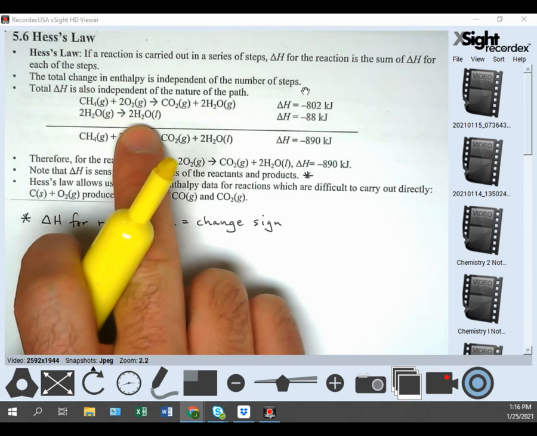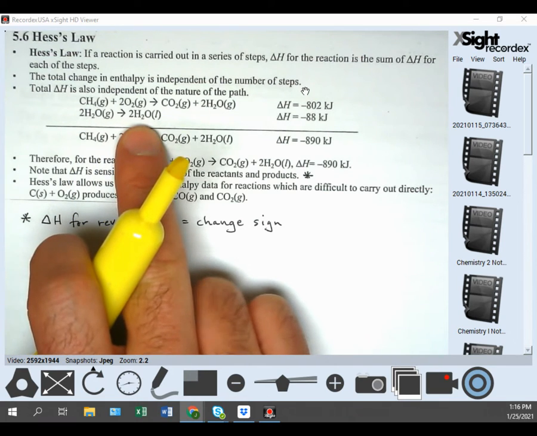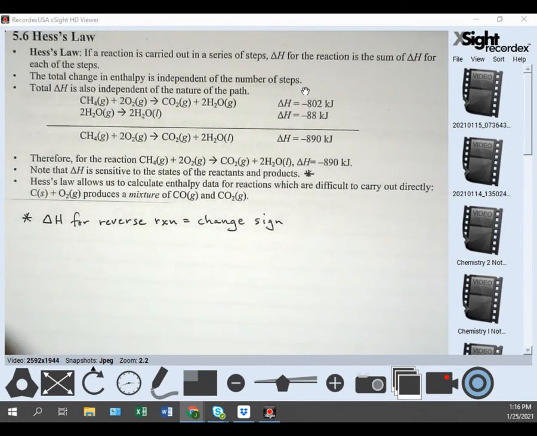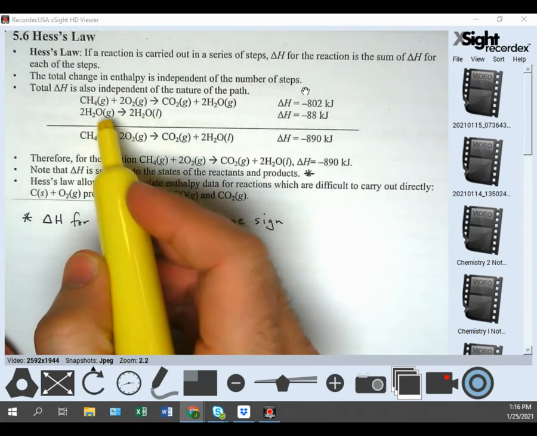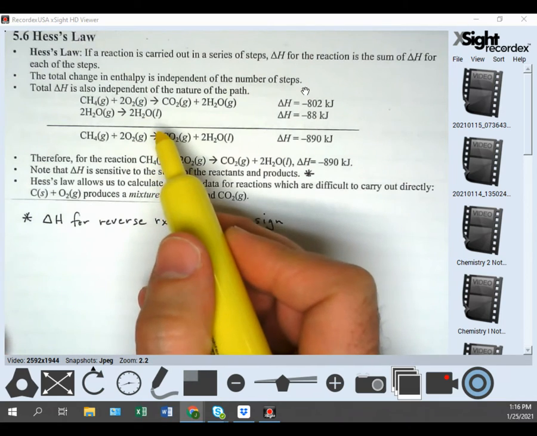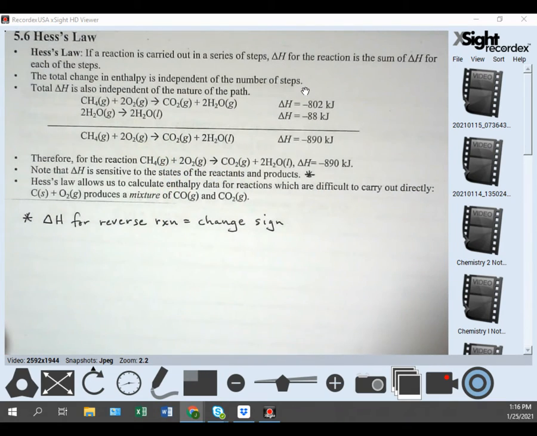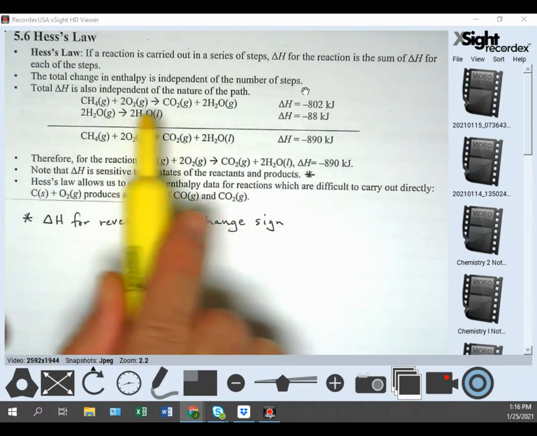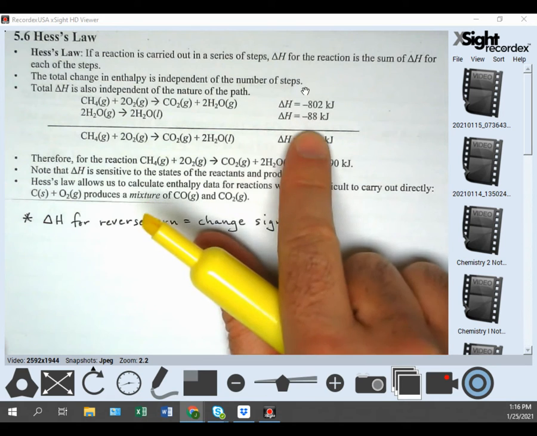What's happening here? Yeah, good. Losing energy, and we're getting a state change, right? We're getting water turning from a gas to a liquid. So it's not actually a chemical reaction. It's a change, but it's not really a reaction. But we do it in the equation because we do have a change in energy.